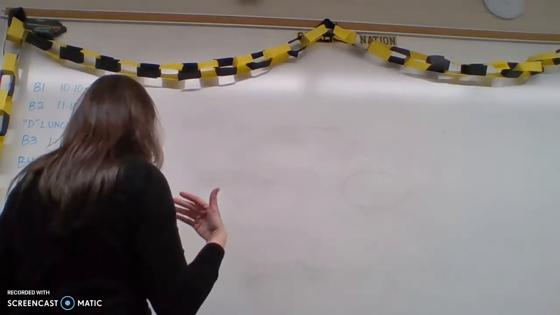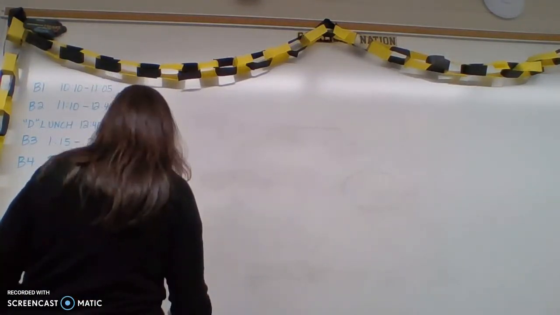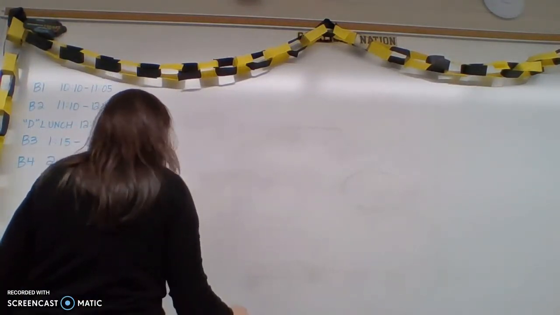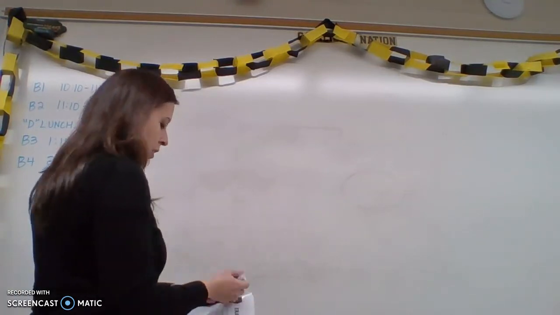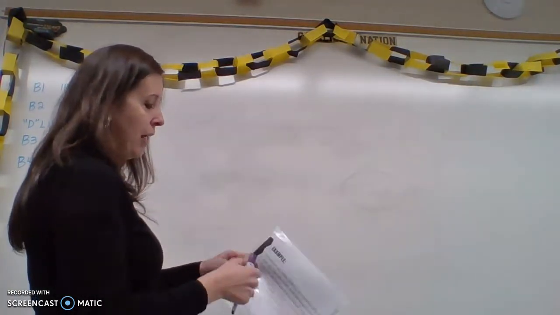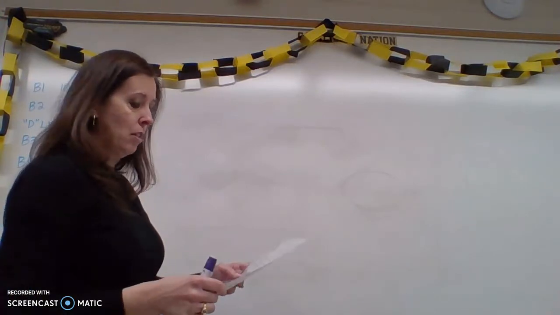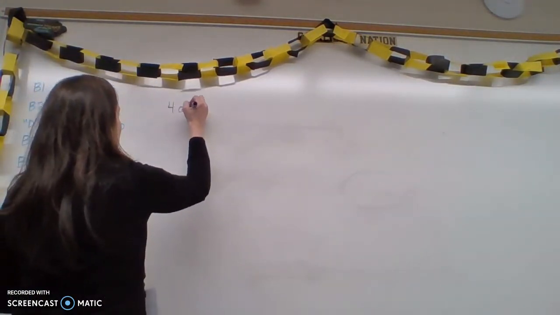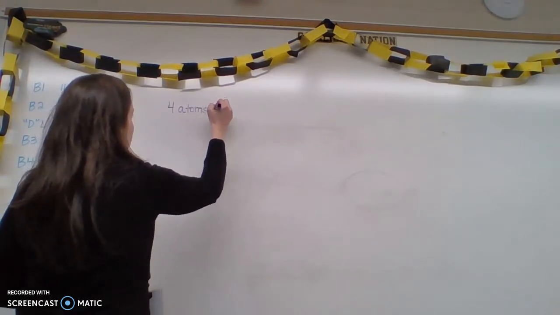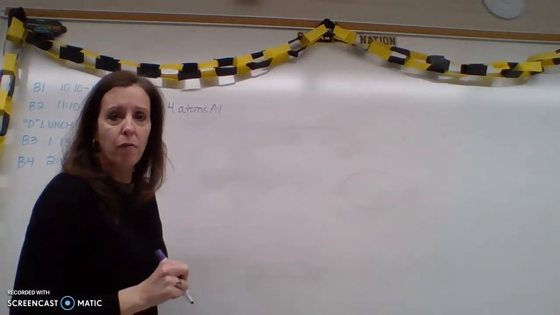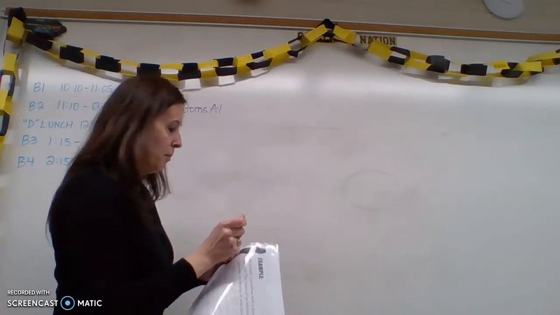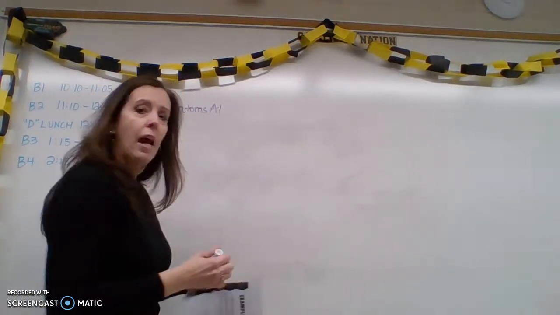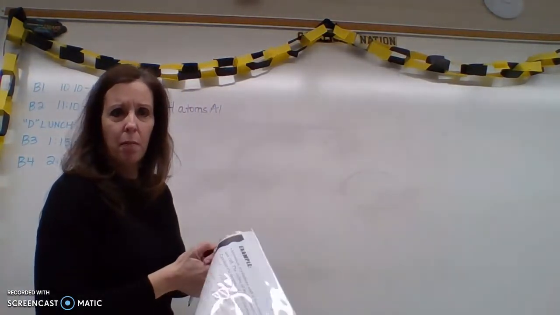So the first thing I like to do, okay, call me crazy poo, is I'm going to find out the mass, all right? So I know that I have 4 atoms of aluminum. How do I know I have 4 atoms? And I'm going to switch because this doesn't seem as dark. So I'm going to write in this color. Well, how do I know I have 4 atoms of aluminum?